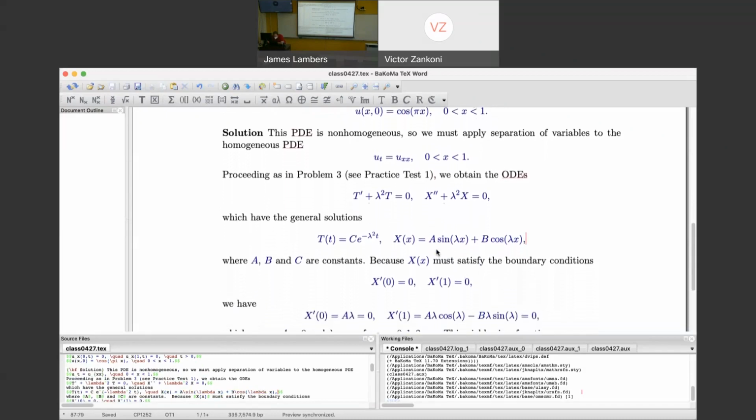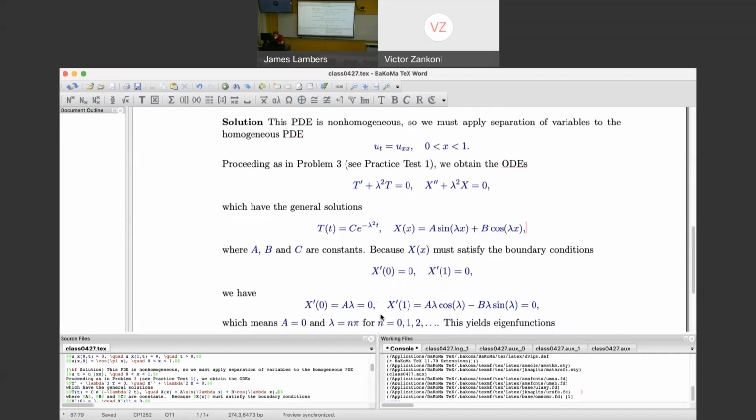So when you take the derivative of this, substitute x equals 0 and then x equals 1, and set the result equal to 0, what we find is that there is no sine term, and lambda has to be an integer multiple of pi.